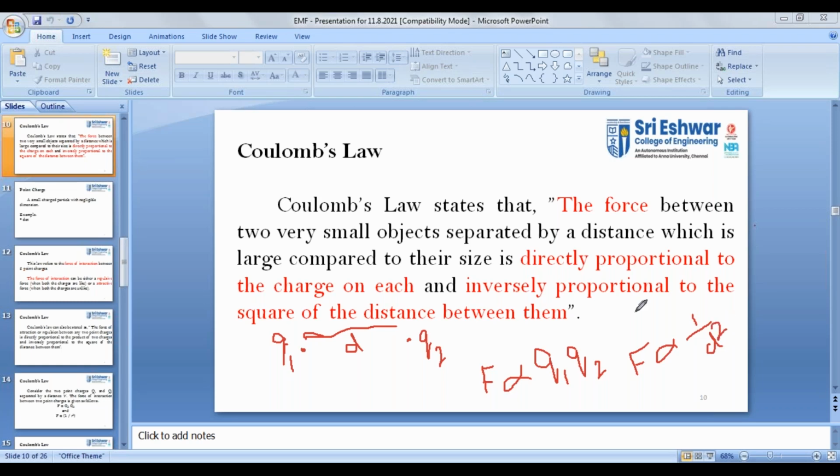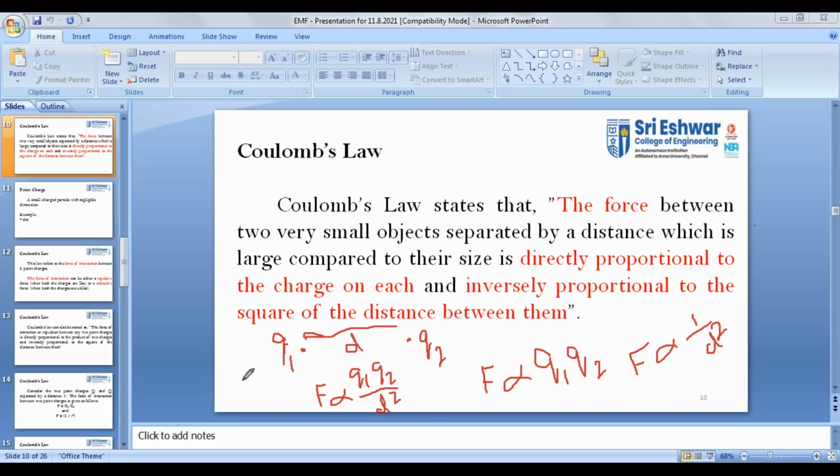So what will happen if I combine these two terms? I can write force proportional to Q1 into Q2 divided by d square.